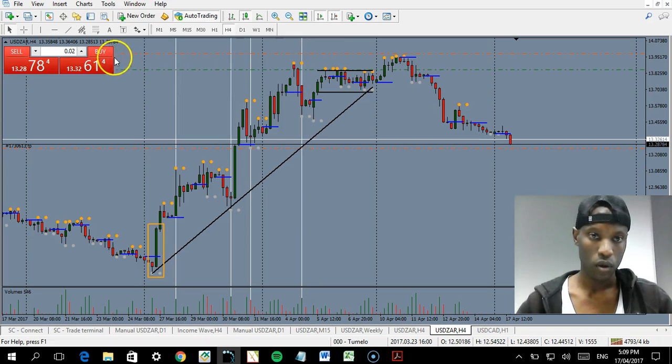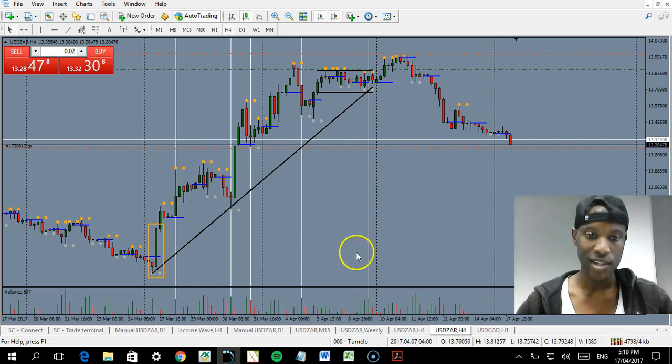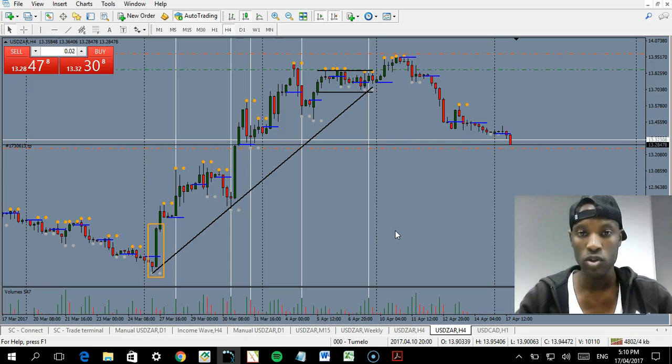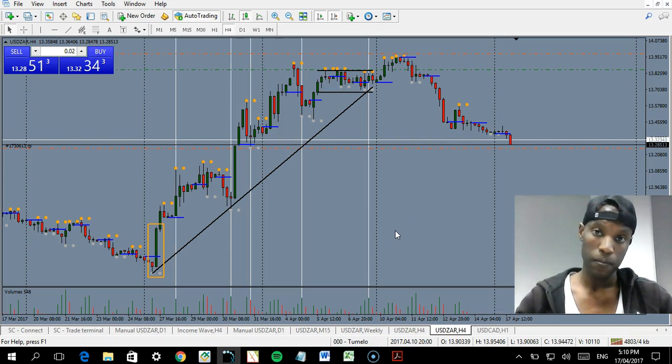Okay, so what we see over here, we have plotted these lines, is that we see high levels of volume, but where the high levels of volume are was very interesting for me.